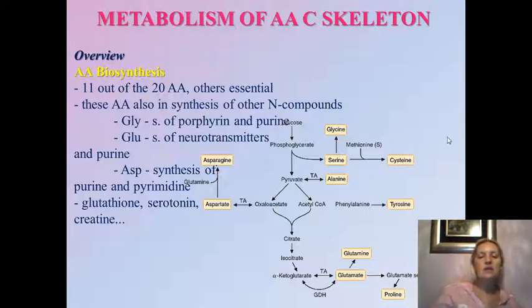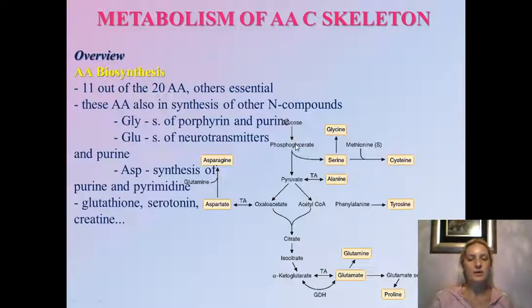So let's take a look at this figure, which represents what's actually going on in amino acid synthesis. They can be synthesized from glucose, because during the glycolytic pathway, phosphoglycerate is formed, which can be used for the biosynthesis of serine, and serine is used for the biosynthesis of glycine and cysteine. Cysteine requires methionine as a donor of the sulfur atom.